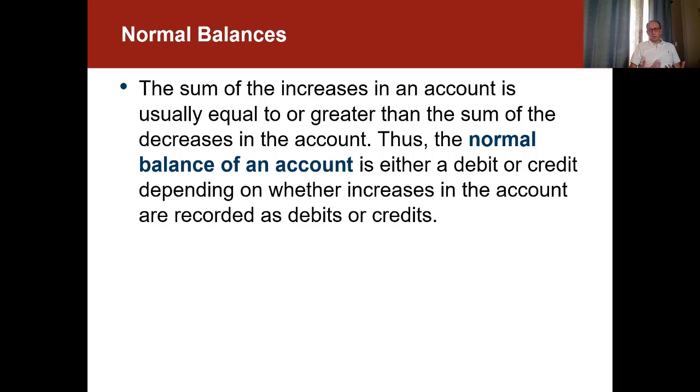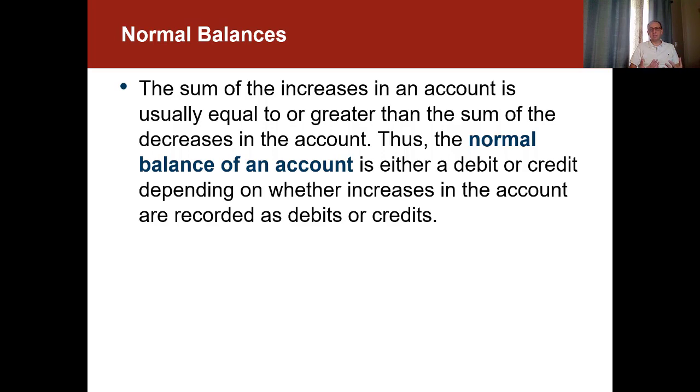The next thing that I want you also to be aware of is what we call the normal balance. And I maybe used an expression, it's like slang that I said, the preference, the preferred side. And the more accurate language was to use normal balance. So assets, liabilities, stockholders' equity, revenues, expenses, and dividends, they have a normal balance.